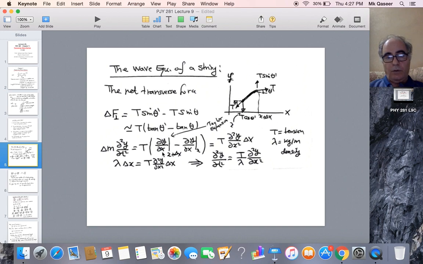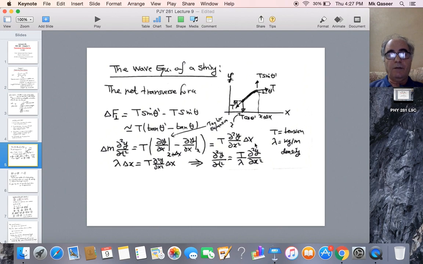Now we do Taylor expansion for this about x, which gives the first term is dy by dx at x, which cancels by this term, plus the second term, which is d2y by dx squared times delta x, plus the third term and higher order terms proportional to delta x squared, delta x cubed, and so on.